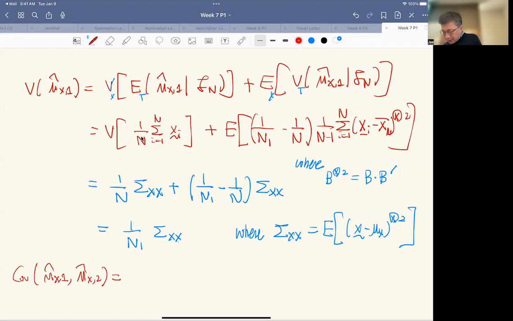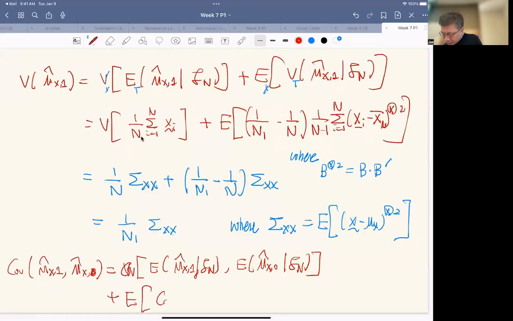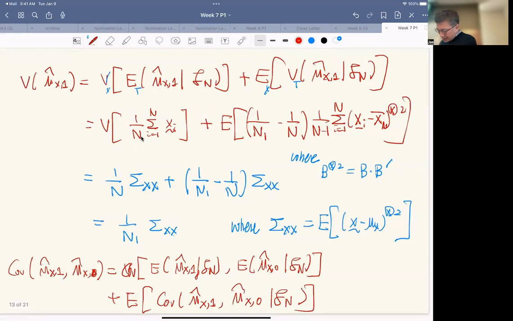This is the expectation of the variance of mu hat x1, plus the expectation of the covariance.